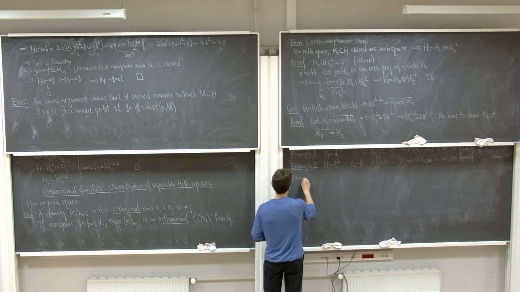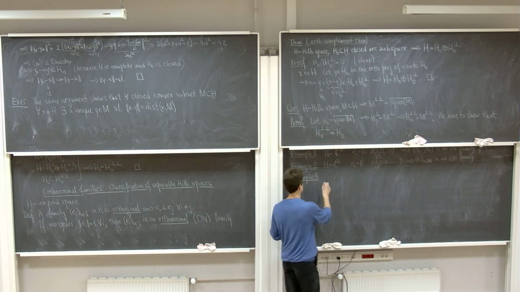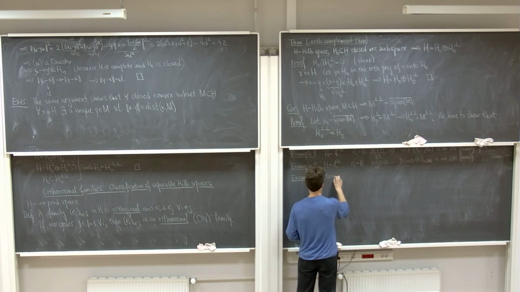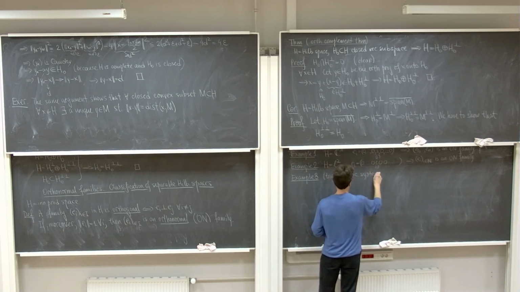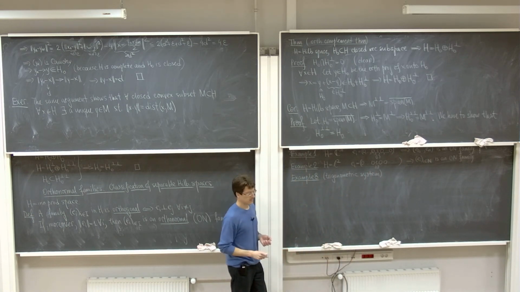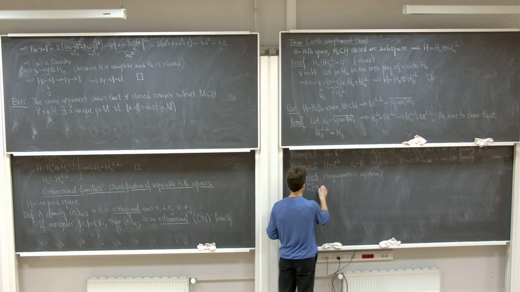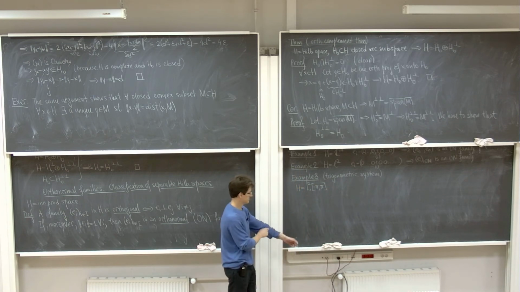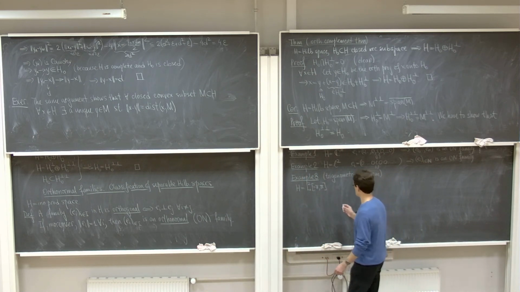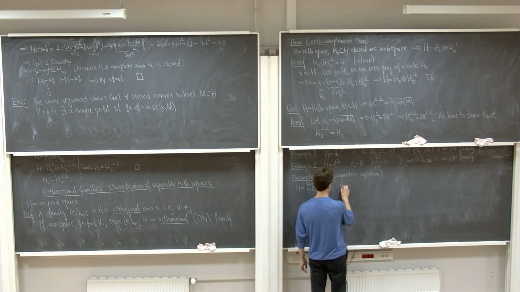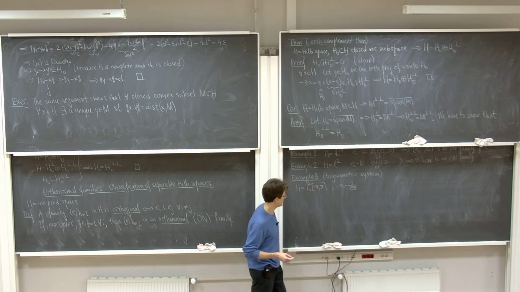Example 3 is the famous trigonometric system. Let H be the big L2 space on the interval from minus pi to pi, and the measure on this interval is the usual Lebesgue measure. And we introduce the following functions. We define e_0 to be the following constant, 1 over the square root of 2 pi.